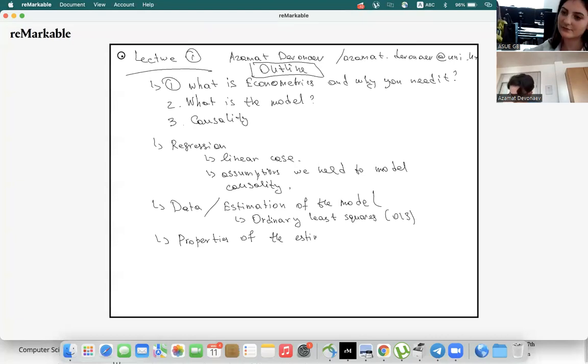So, the properties of the estimates. What it means is the property of consistency and asymptotic normality.